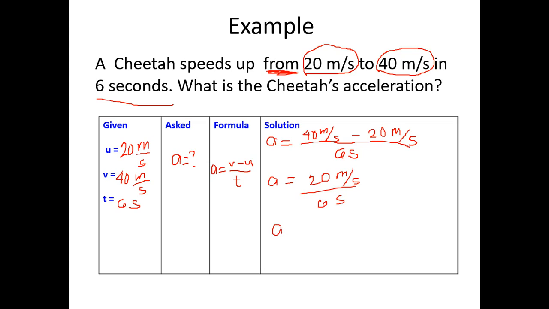Okay, so therefore your acceleration will now give you 20 divided by 6. So that will give you 3.67 meters per second squared. So there is your answer.